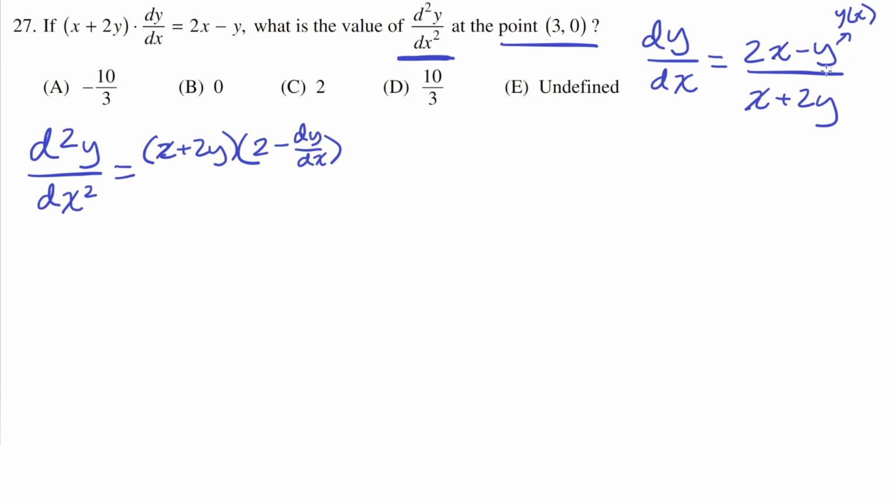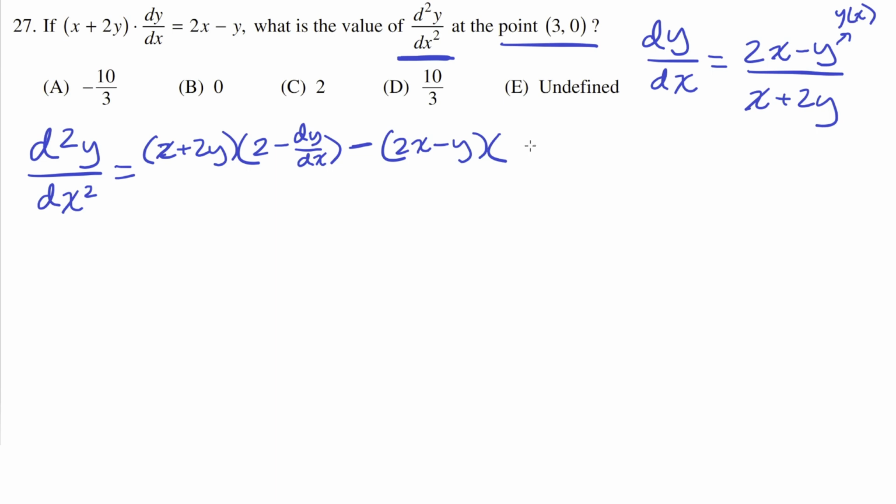We can't just simply say the derivative of y is 1, because y is a function of x, so there might be x values inside. Okay, now continuing on with our quotient rule. So we did the denominator times the derivative of the numerator. Now we have to subtract from that the numerator, 2x - y, times the derivative of the denominator.